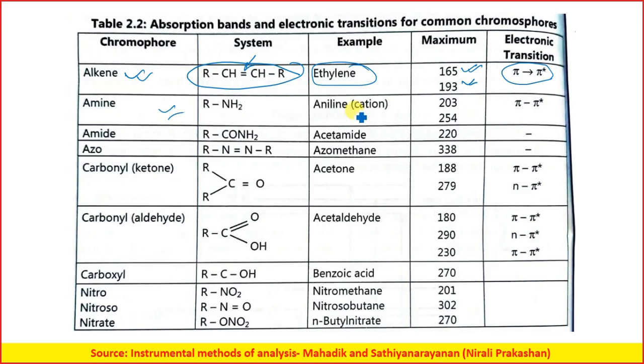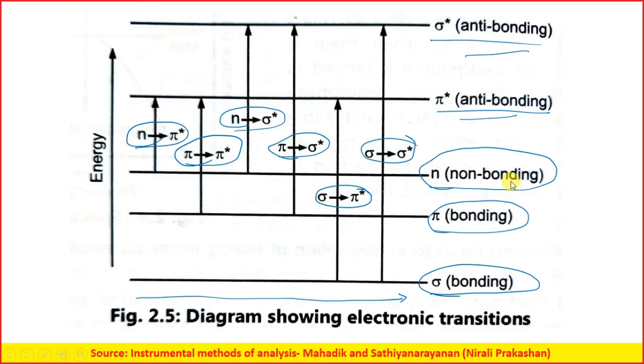In amine you have aniline cation, and the maximum and minimum absorption bands would occur over here in this region, and again pi to pi star. Similarly, you mainly see pi to pi star electronic transitions, and some n to pi star, because it requires the lowest energy. Even though you are using the non-bonding electrons, it requires the lowest amount of energy.